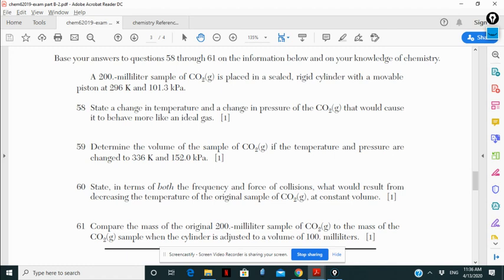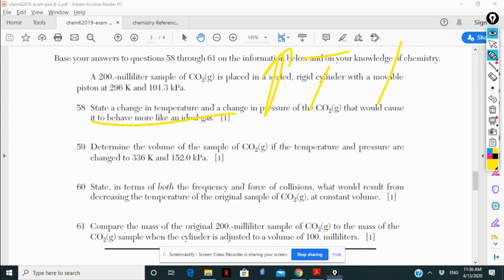State a change in temperature and a change in pressure to make it behave more like an ideal gas. We said increase the temperature, decrease the pressure. That's going to make any gas behave more ideally.